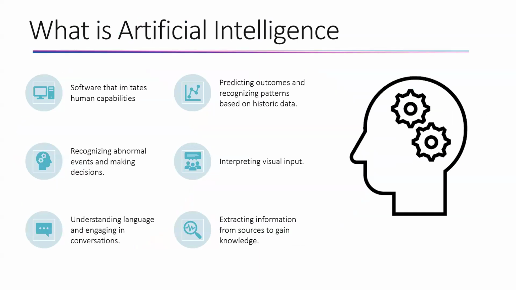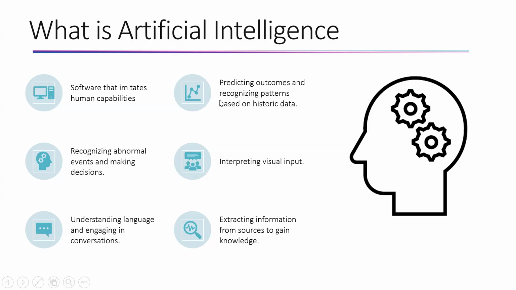So we have seen what artificial intelligence is. It is software that imitates human capabilities. Humans are able to see, hear, and speak, and when we bring these capabilities into some system or application, we say this is an AI machine. It predicts outcomes and recognizes patterns based on historic data.